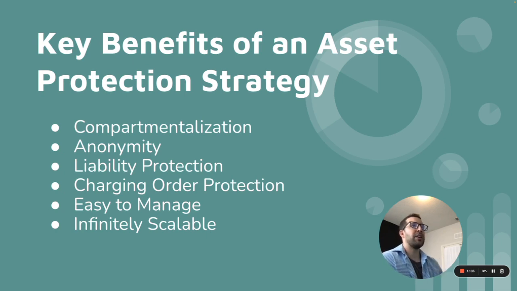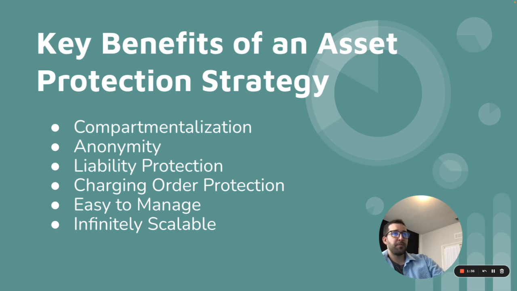So if we're talking about key benefits here, I'm going to briefly hit these and explain a brief definition of what they are, and then go into a little bit more detail in the following slides. When we talk about compartmentalization, we're talking about segmenting revenue, whether it be from investment properties or other businesses. Anonymity is what we're referring to in the sense of protecting ownership information from the public record.